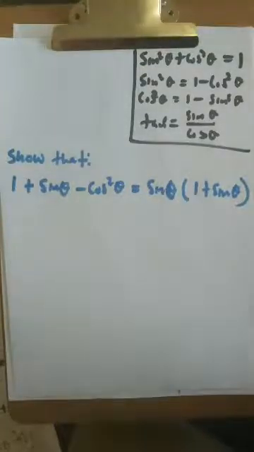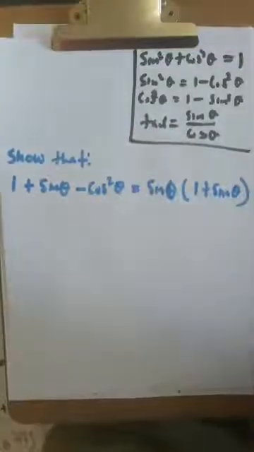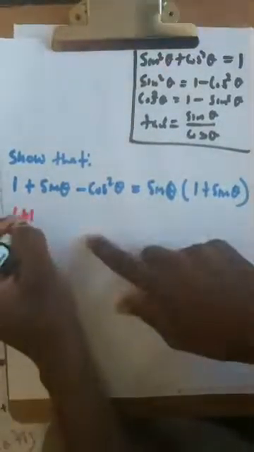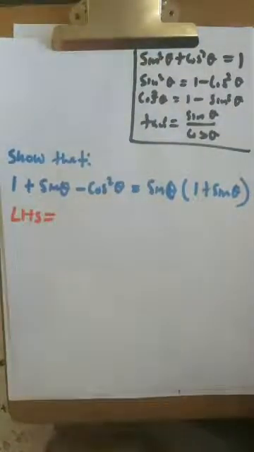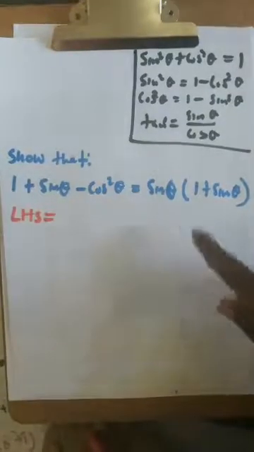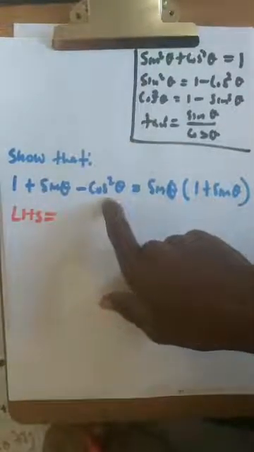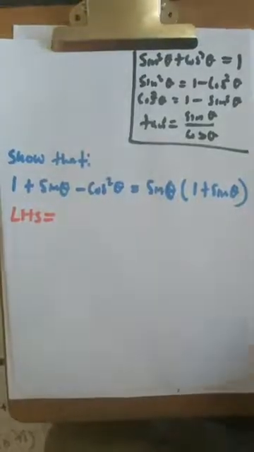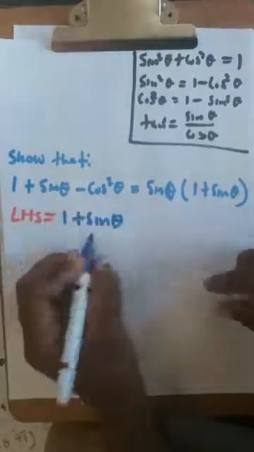When we are going to prove, or show that, you can take one side. I can say the left hand side is equal to, it's easier to prove on this side. We have sine only here, and here we have cos, so I can change cos.